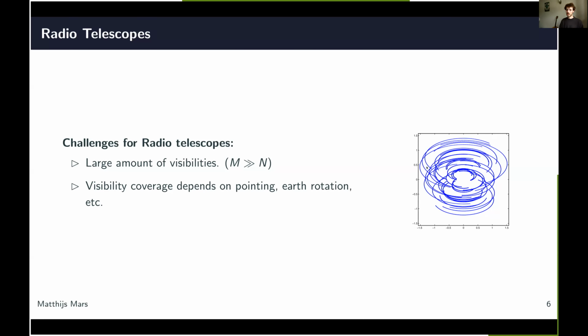In doing so, they can gather much more measurements and get a more complete coverage of the UV plane. But this also means that if you want to design any kind of learned reconstruction methods, we need to make sure that these methods are robust to changes in the visibility coverage, which can be a challenge.